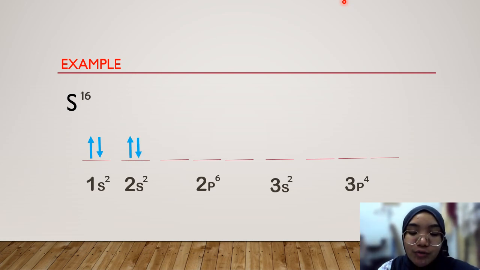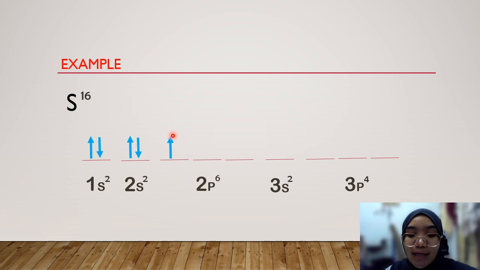Now when we get to the 2p orbitals, each of these orbitals has the same energy, and as a result they are known as degenerate orbitals. When we fill in degenerate orbitals, we need to fill them up one at a time with parallel spins. Once you put the first arrow in this orbital, we should not put the second one in the same orbital.